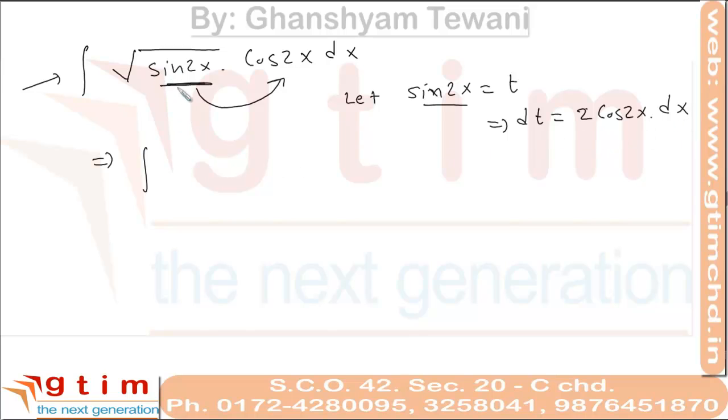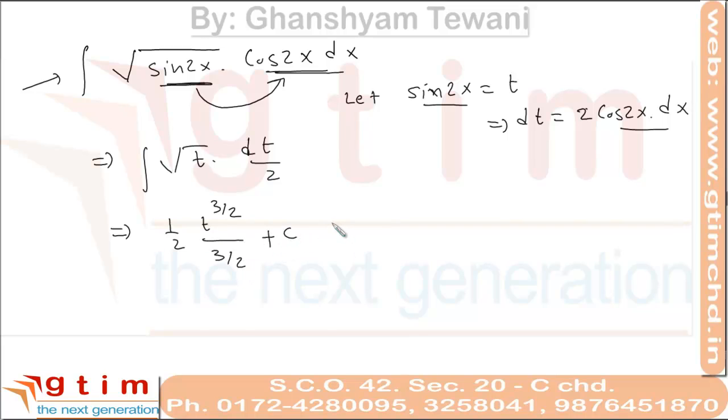Then this changes to square root of t, and what is cos 2x dx from here? That is dt by 2. Then integration of this is half t power 3 by 2 by 3 by 2 plus c, or by putting t, sine 2x power 3 by 2 by 3 plus c.